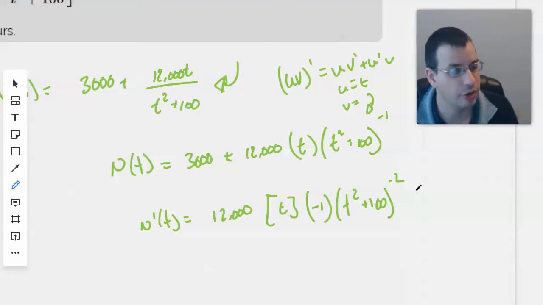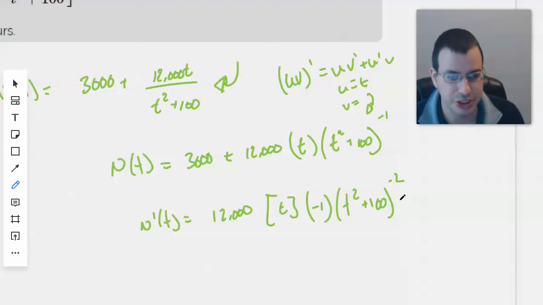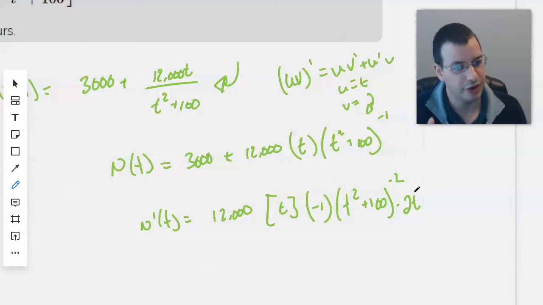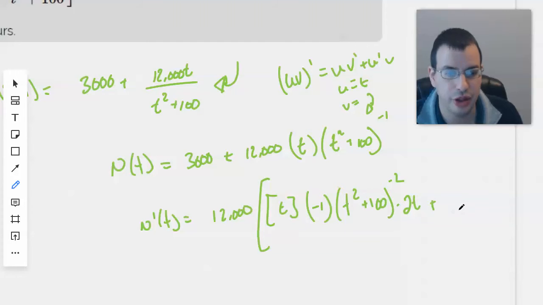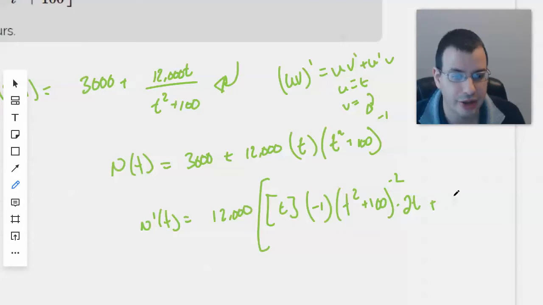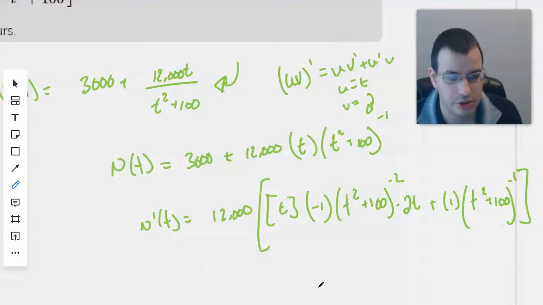That's the power rule. But we have to do the chain rule too, which means multiply by the derivative of the interior, which will be 2t. And then we add u prime v, so it'll be 1 times t squared plus 100 to the negative first. Okay?